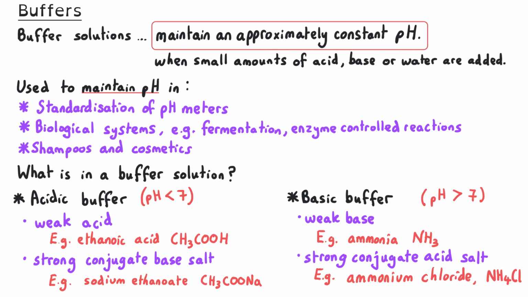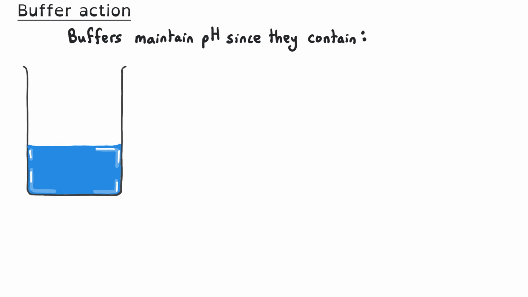Basic buffers also have two parts. For instance, the weak base part will be ammonia, and the strong conjugate acid salt of that base would be, for example, ammonium chloride. The precise chemical reactions that occur when buffers act to resist that change in pH will vary depending on the chemicals that are in that buffer.